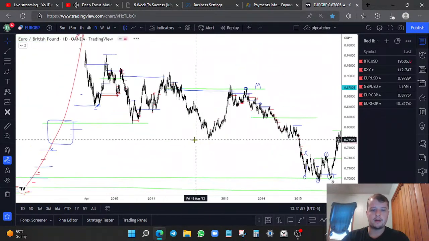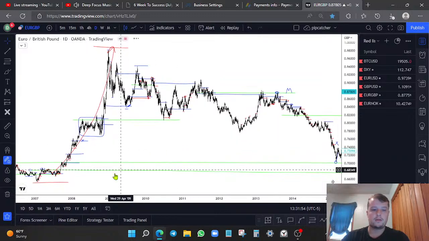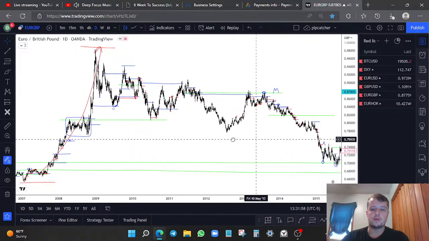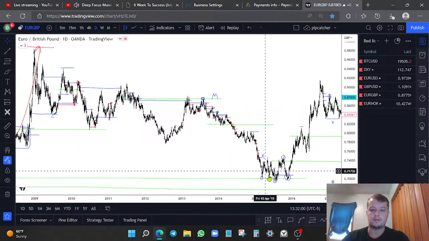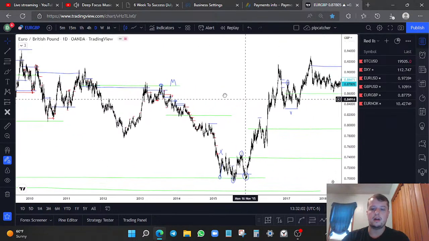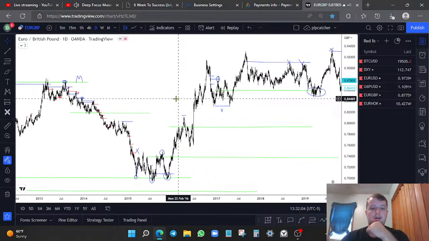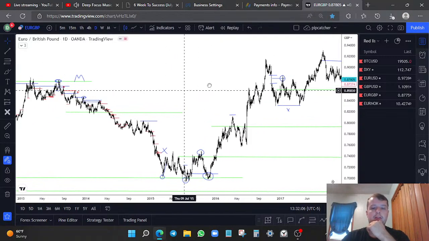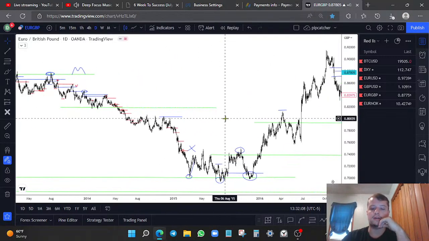I think we're in that far area down here on the monthly where we were waiting for price to retrace back into that larger scale demand level, on that monthly demand area.